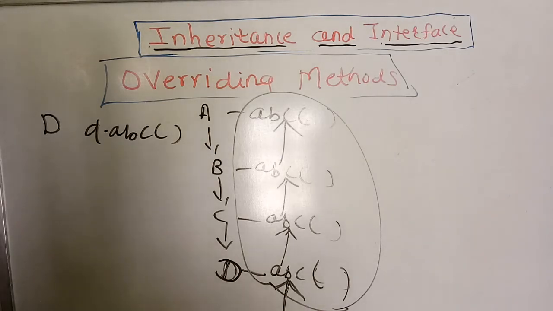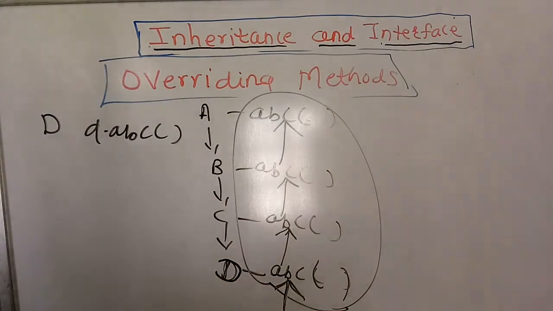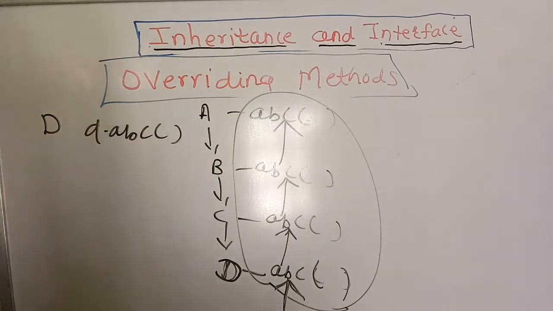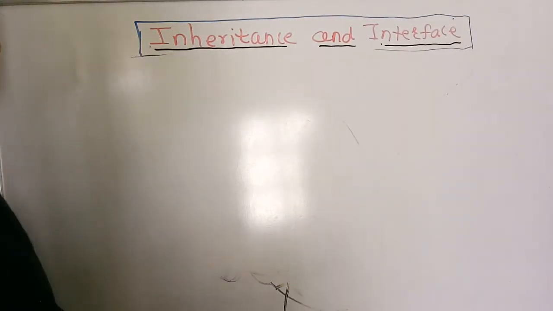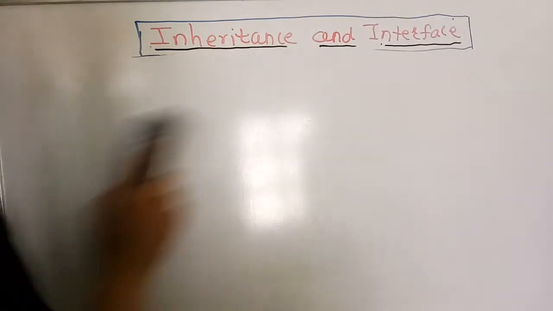And it is nothing but runtime polymorphism, in which the method mapping is done at run time rather than compile time. So this is the mechanism of overriding the methods.